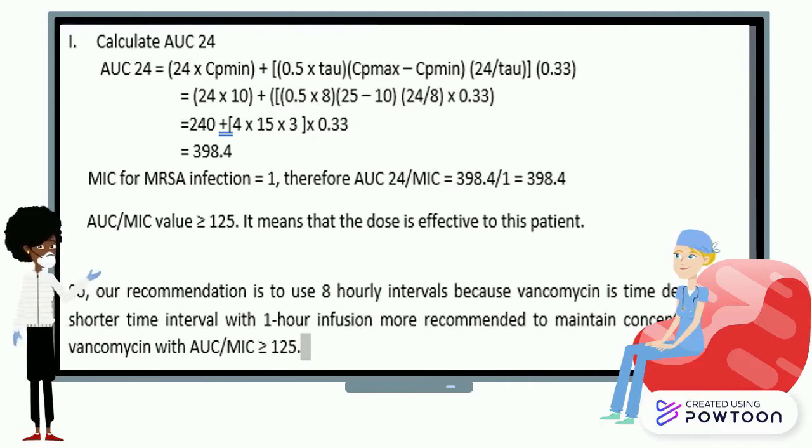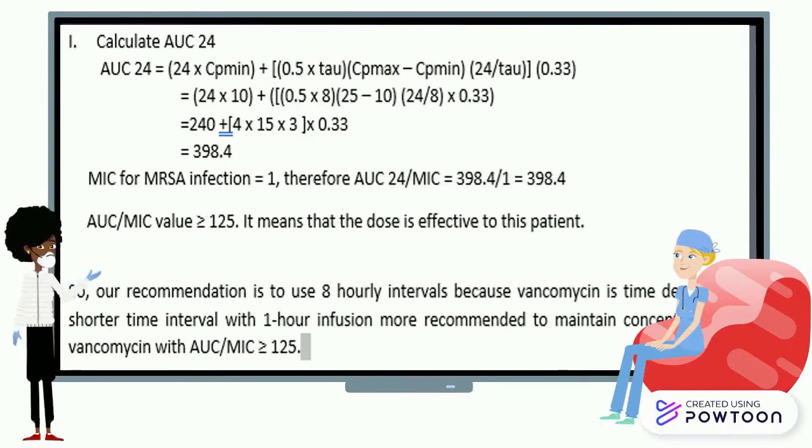Therefore, the AUC24 over MIC is 398.4 over 1. This gives us 398.4 for the final value. The AUC over MIC value is more than 125, so this means that the dose is effective for this patient.